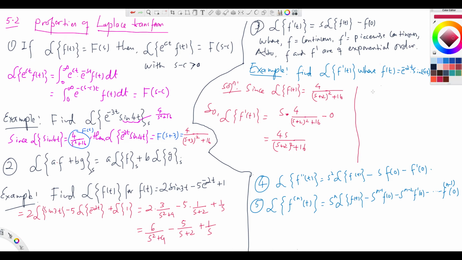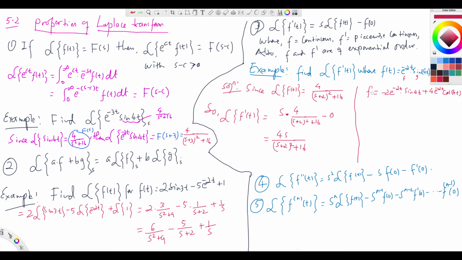This is a lot easier, right? But if you do the long way, you find f prime first. You just need to use the product rule there. This is like f, this is like g. So f prime is negative 2 e to the negative 2t times sine 4t, and then plus 4 e to the negative 2t cosine 4t.